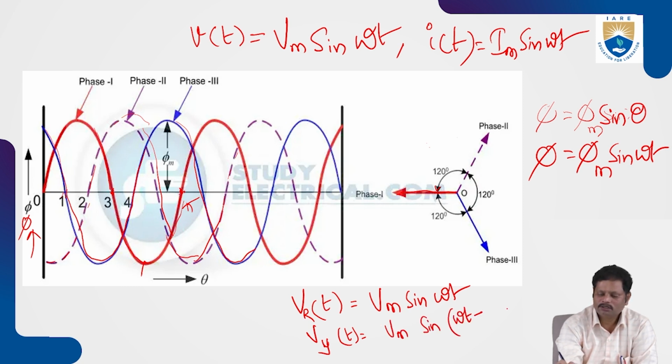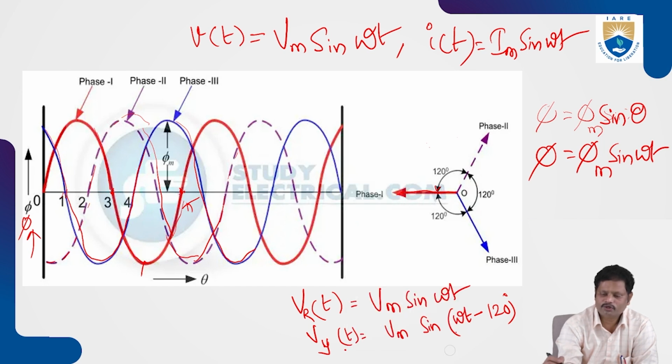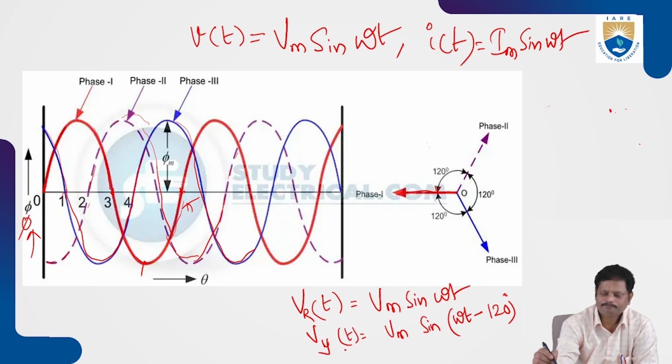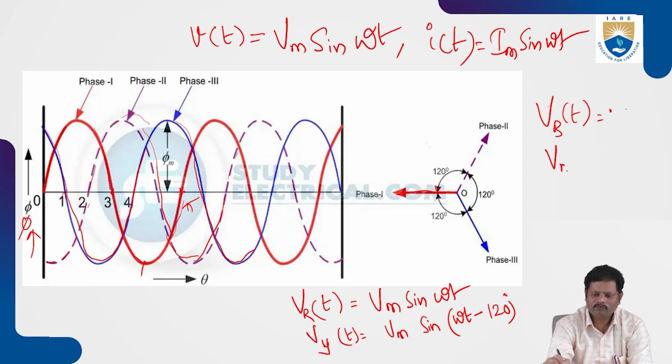it is displaced 120 degrees electrical to the phase Y, phase R, and phase B. The voltage produced in phase B is Vm sin omega t minus 240.